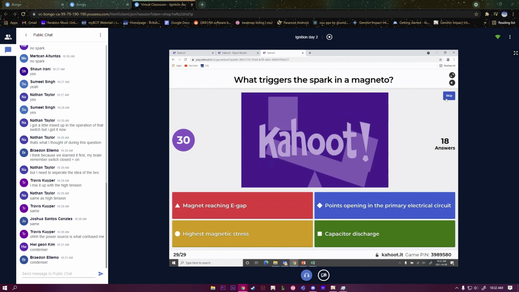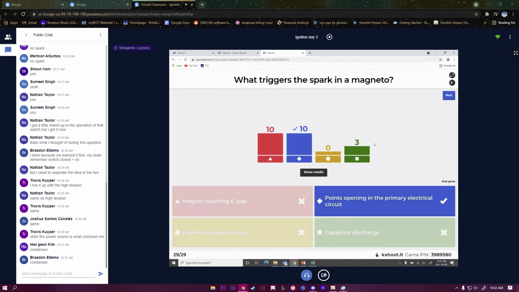Okay, so if the magneto reaches E gap and we don't open the points, will we get a spark?